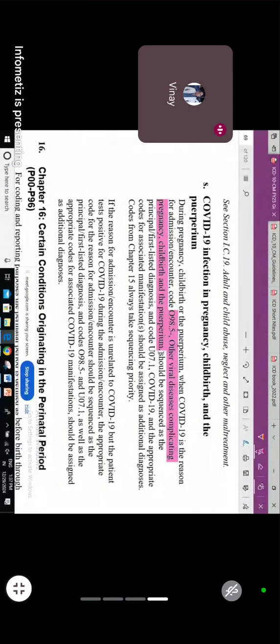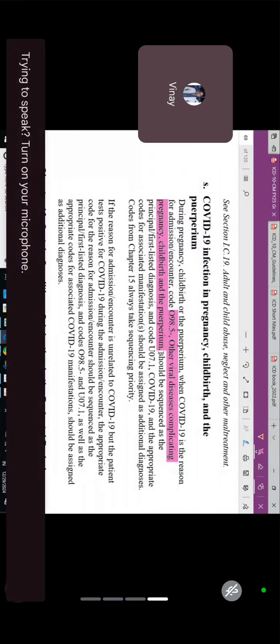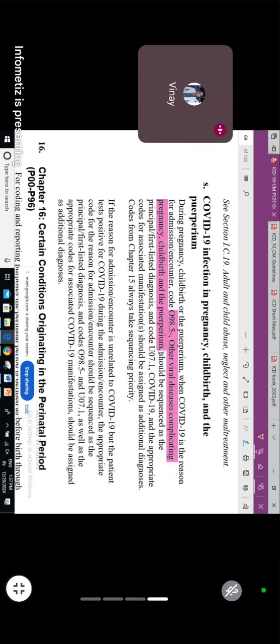And as we do not have a COVID code there, we have to code the COVID code also, U07.1. If we would have a code for COVID in pregnancy directly, then you would not code U07.1. But here you don't have. They have not designed the code yet.